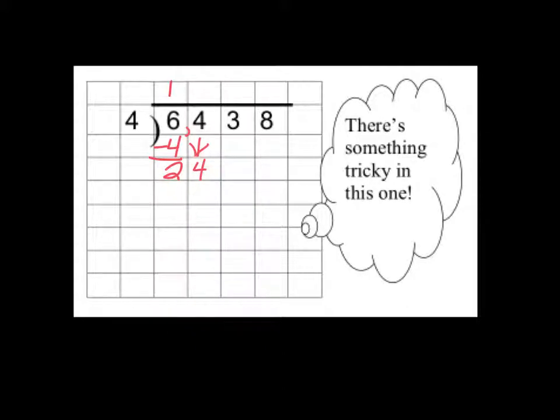Now I'm going to divide. 24 divided by 4, and 4 goes into 24 6 times. 6 times 4 is 24. And then I subtract, and I get 0. Now, 0 is less than 4. So my next step would be to bring down my 3, and here is where it's tricky. If I'm looking at 3 here, I know that I cannot get any groups of 4 out of 3.